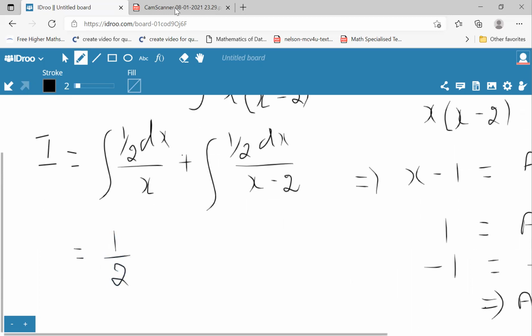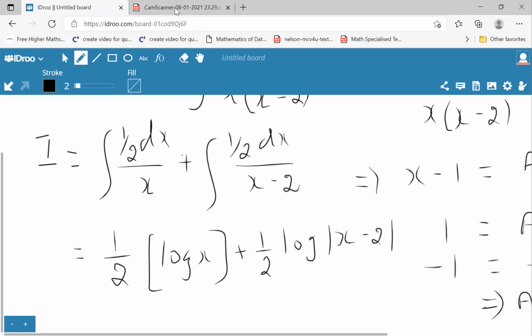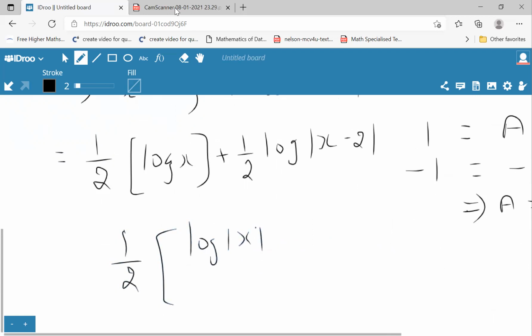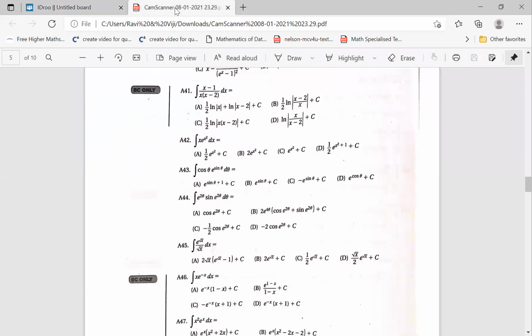Integration of dx by x is nothing but log x, plus half log of x minus 2. Now, in logarithm, addition means you can multiply. So you can take the half outside, and that would give you half log mod of x times x minus 2. Let's see which option is correct. So you can see option C is correct.